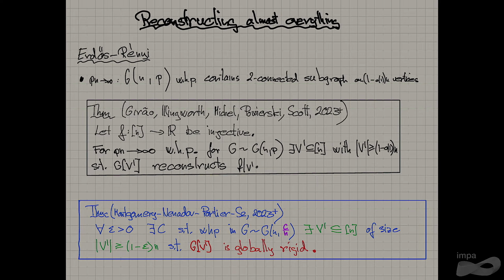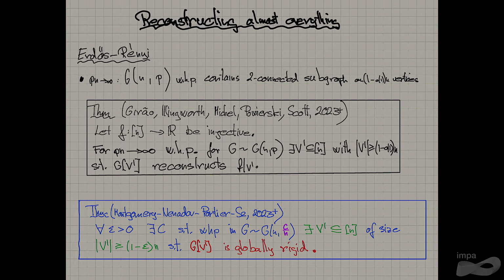So if we look at the random graph, which should be our thing which we compare it with, then it is known already by Erdős and Rényi that if the probability is just above linear, or 1 over n, then with high probability you contain a 2 connected subgraph on almost every vertex. I'm saying 2 connected because this is to which I should measure myself. This is generic global rigidity, right? Which is an easier thing to do than the injective global rigidity. So I must compare myself always to this.